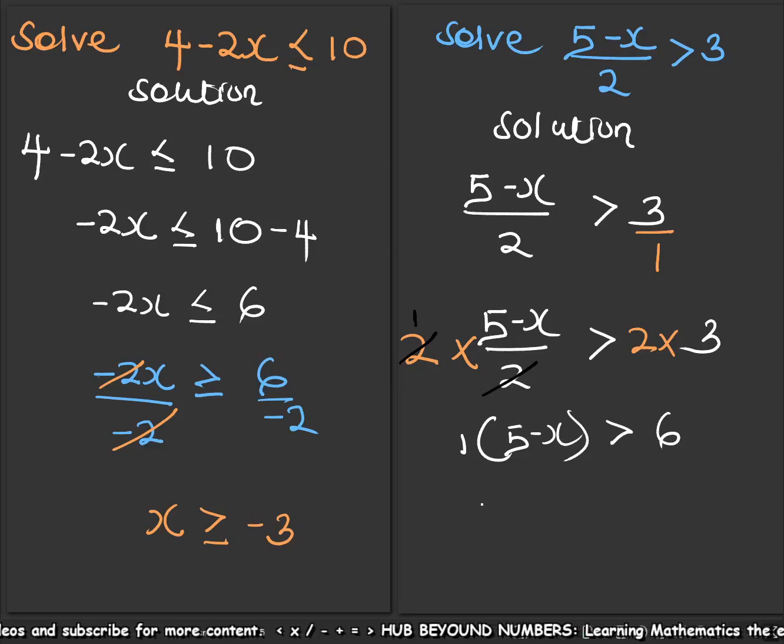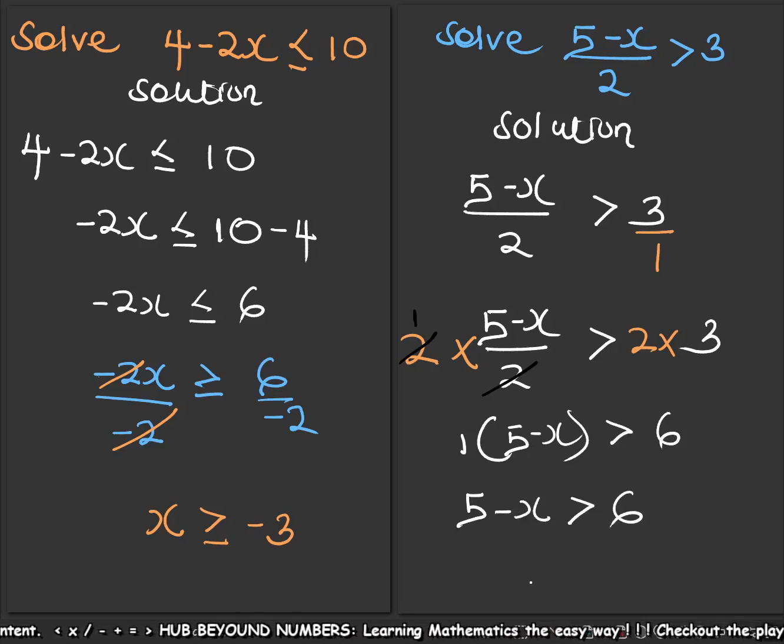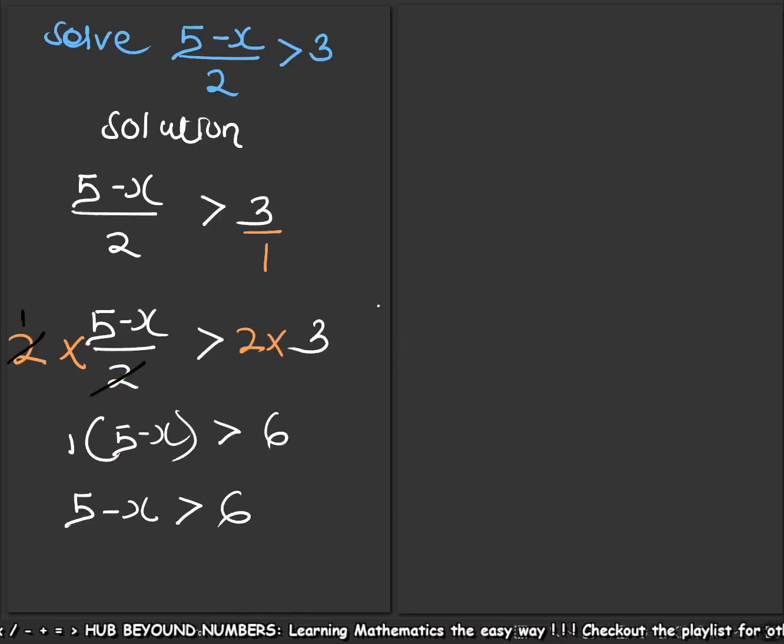So 1 times 5 is 5, then 1 times x gives negative x, greater than 6. Then we continue with our solution.